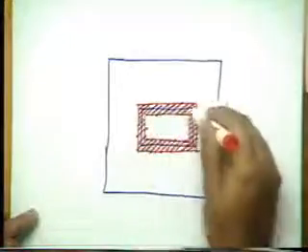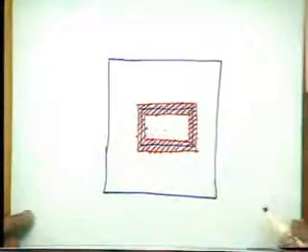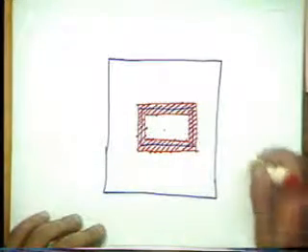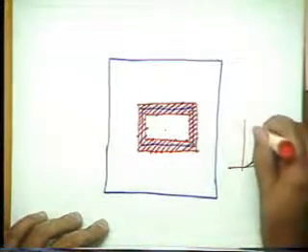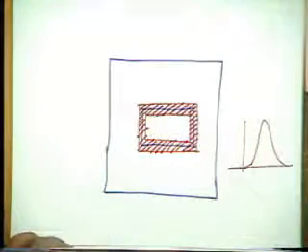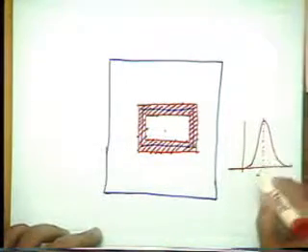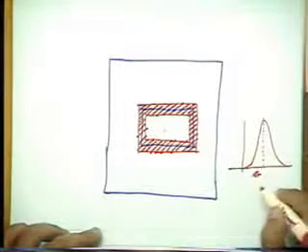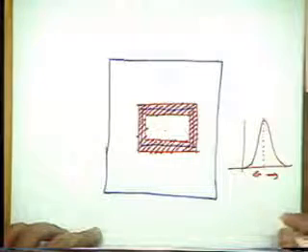By considering the pixels over this red region, we are going to compute a histogram, and that histogram will be something like this. Whatever we have on this side is the background, and whatever we have on this side are the object pixels.